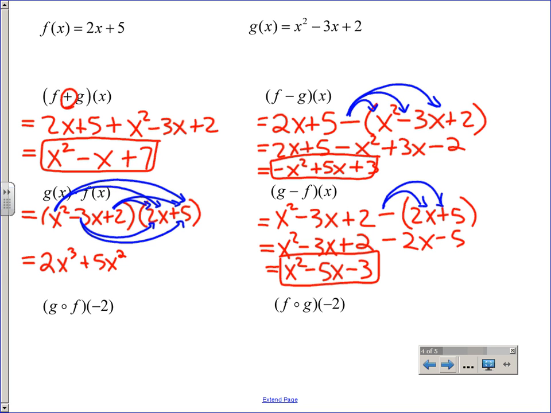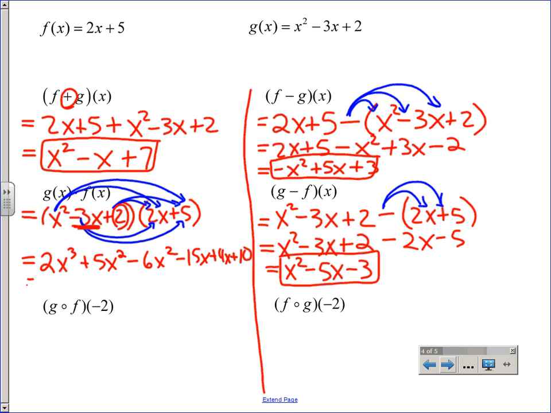Now I've done x squared times both things in the other parentheses. Now I'm going to do negative 3x times both things. So negative 3x times 2x is negative 6x squared. Negative 3x times 5 is minus 15x. Then I have 2 to multiply by each thing in the other. So that'll be plus 4x plus 10.